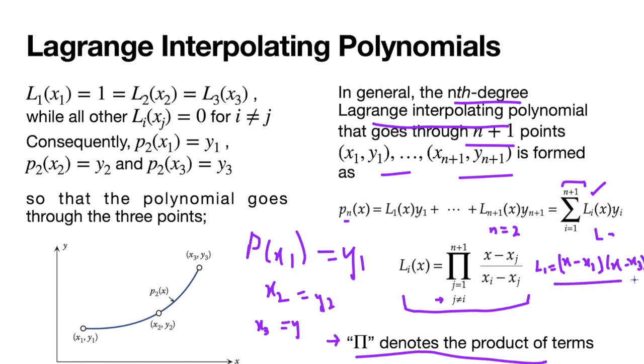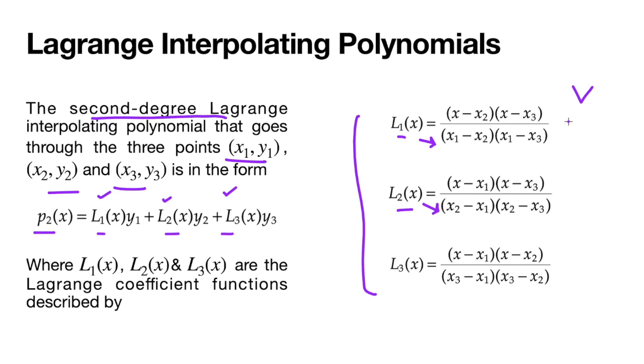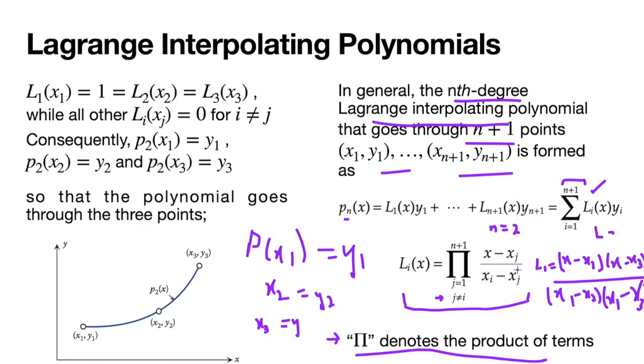Similarly at the bottom you can see that it is x1, because i is 1, minus, since i and j could not be equal, j will start from 2 and reach 3, so x1 minus x2, and x1 minus x3. Alright, so this is similar to the formula we saw. We can use this notation also to remember how to derive these Lagrange coefficients.